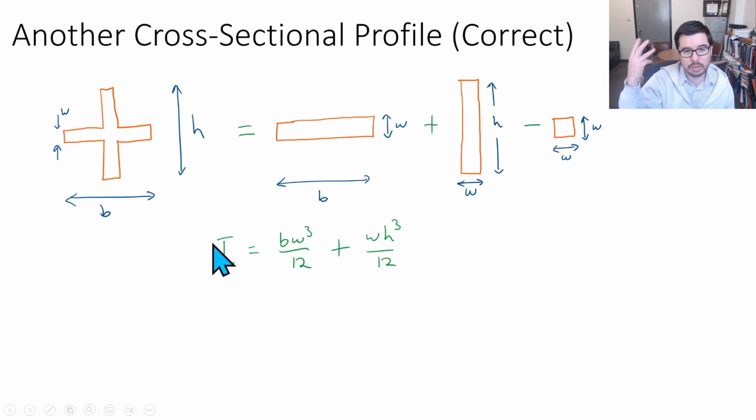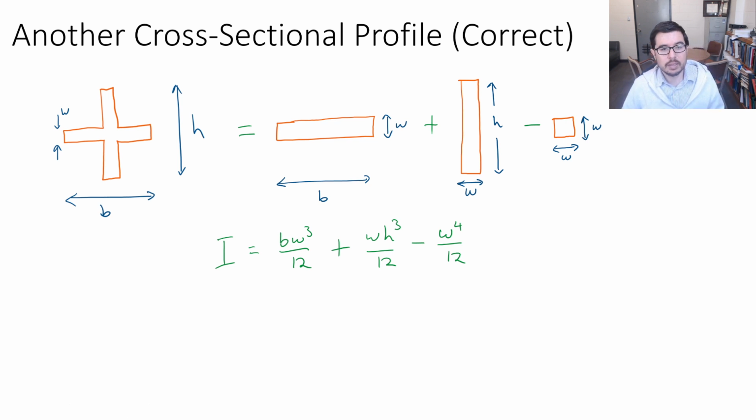I always just say bh cubed over 12 in my head, right? But we have to make sure we know what b is and what h is. And then this is a square, so bh cubed over 12 with the sides equal to each other. That's w to the 4th over 12. That's also one that comes up not too infrequently. And we can write out the final answer as we see here, okay?